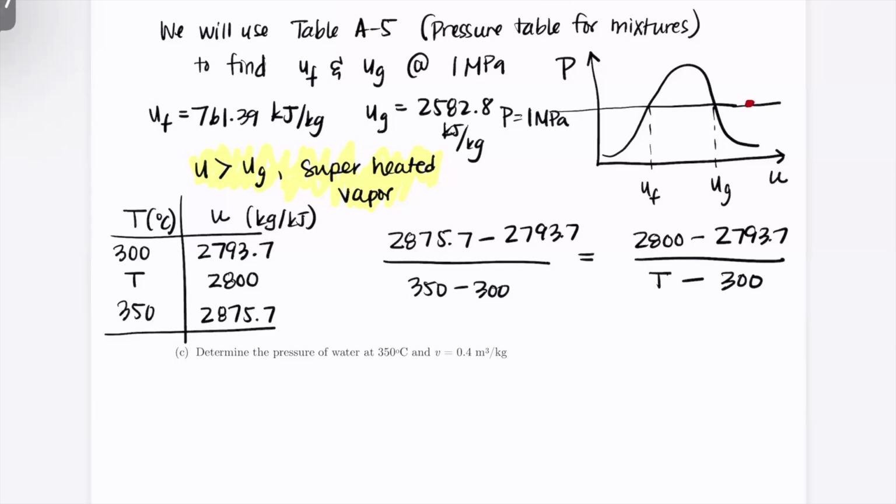All right, and so we find that T is equal to 303.8 degrees C. That's one decimal place. All right, so just as a sanity check, we look back on our information that we put in that little table there, and we notice that 2800 is very close to that entry for 300. So a value of 303.8 makes some sense, right? Okay.